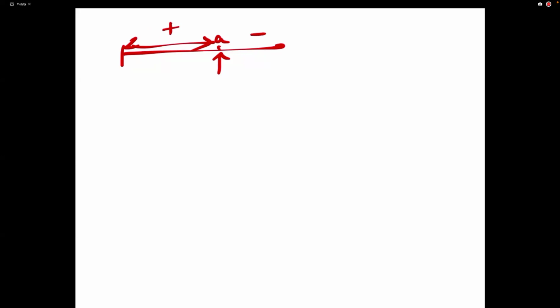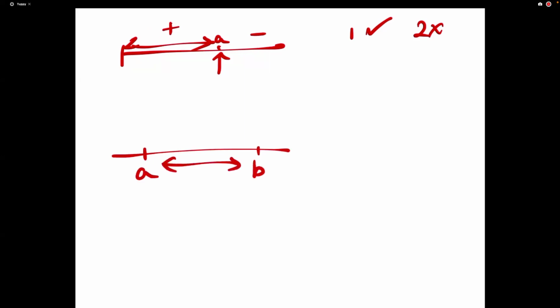This function class can shatter 1 point, but it cannot shatter 2 points. On the other hand, open intervals, or just intervals, which are defined by 2 numbers, where everything in between is plus and everything outside is minus, can shatter 1 point and 2 points, but cannot shatter 3 points.